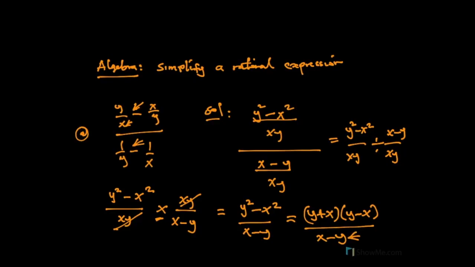So you find a way so that you can cancel the bottom out. What is that way? So you have x minus y, and then y plus x, and then y minus x, all over x minus y.